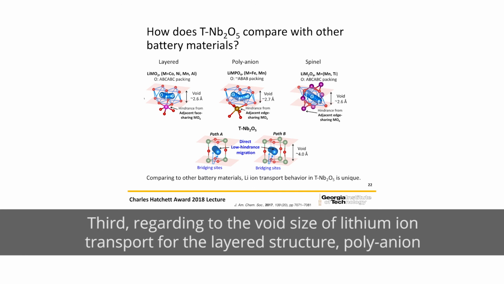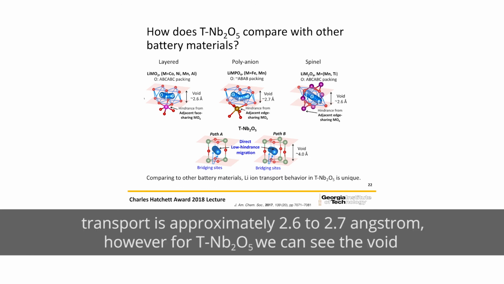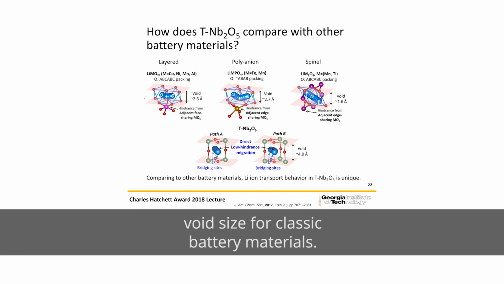Third, regarding the void size for lithium-ion transport, for the layered structure, polyanion structure, and spinel structure, we can see that the void size is approximately 2.6 to 2.7 angstrom. However, for tin niobium oxide, the void size for lithium-ion transport is as large as 4 angstrom, which is much higher than for classic battery materials.